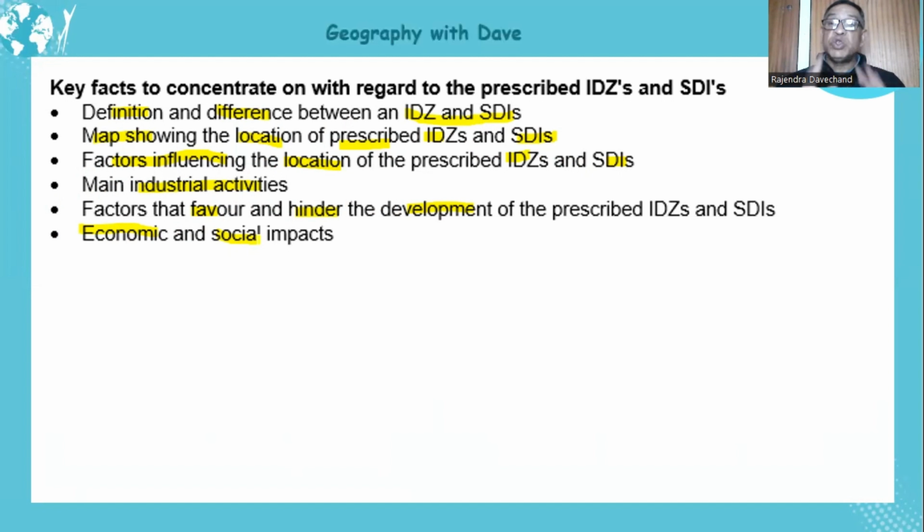Metals and metallurgical, that's metal industries where the metals or ores are refined and goods are produced from the metals.